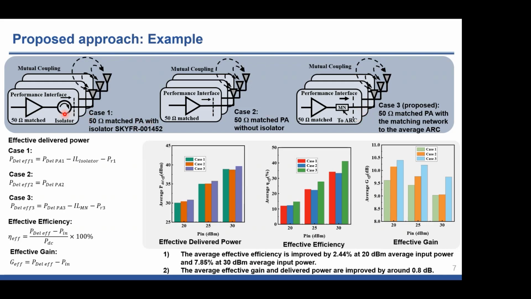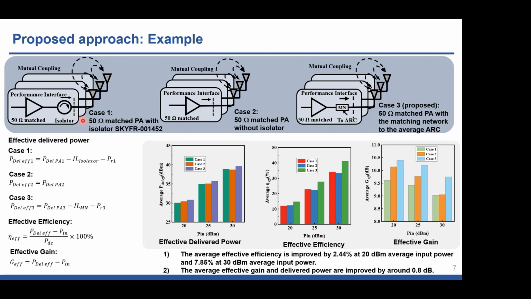As the interfaces before the antenna array are different, here we are not able to use the traditional performance metrics for evaluation of PAs like PAE, gain, and delivered power. So here we use the effective ones.